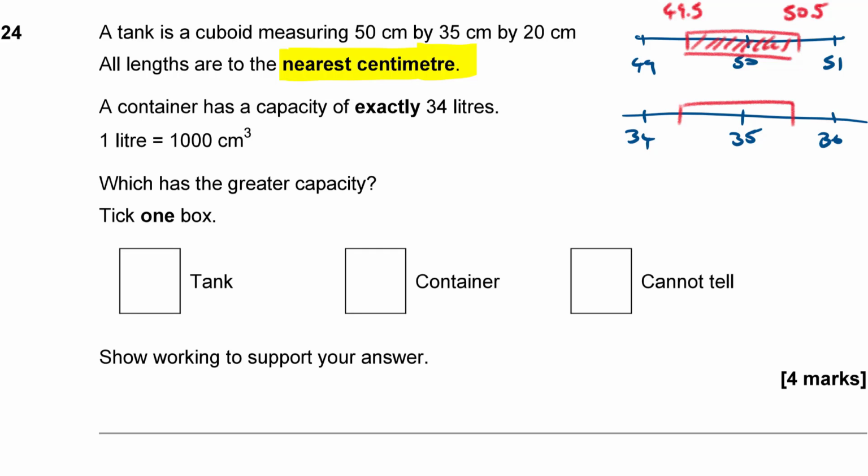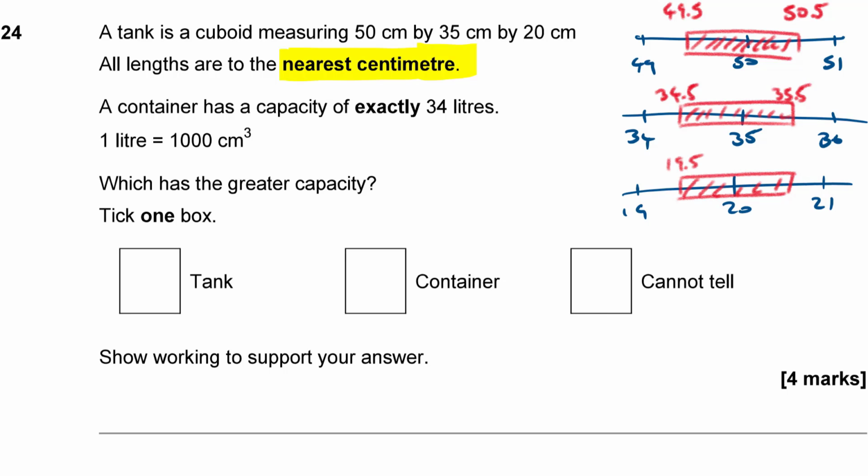It's going to round to 35, so 34.5 is the lower limit, and 35.5 is the upper limit. All those numbers round to 35. And finally, 20 centimeters, 20 in the middle, 21, and 19. The numbers that round to 20 are the ones halfway between those, which is 19.5 to 20.5.